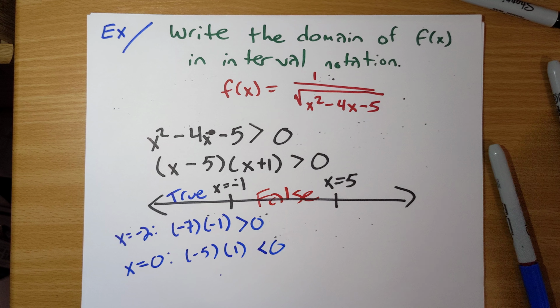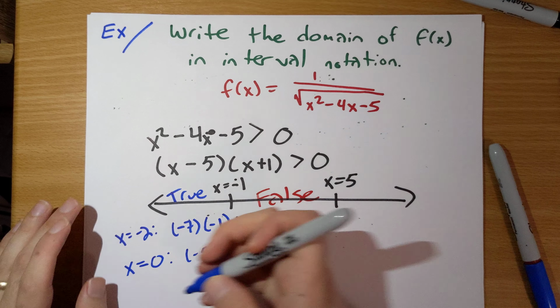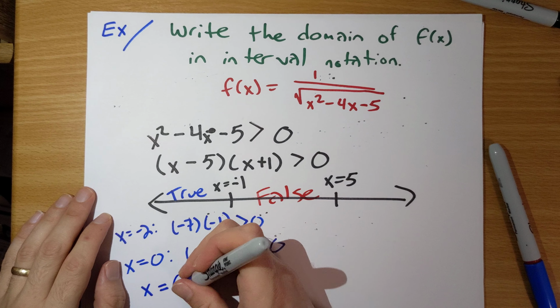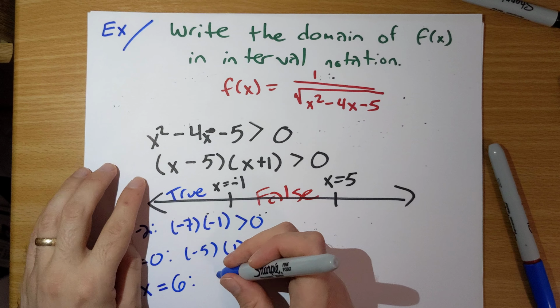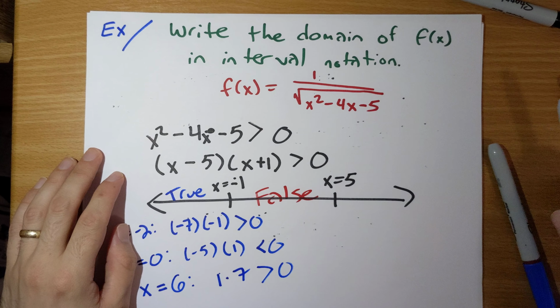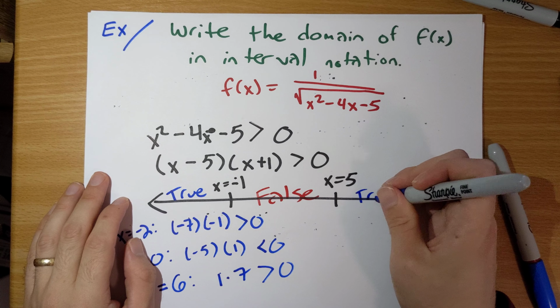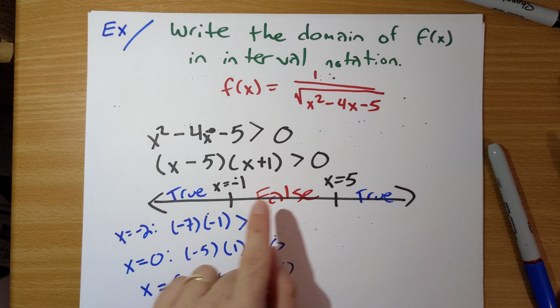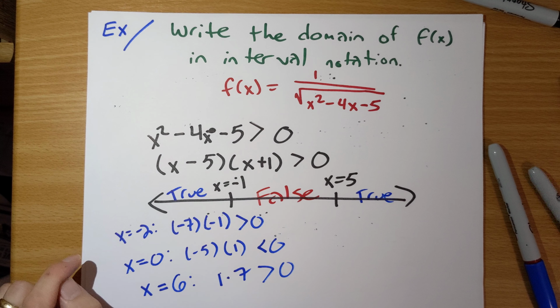And then bigger than 5, we can test x = 6. 6 - 5 is 1. 6 + 1 is 7. That's positive, so this is true again. So it's true for x values less than -1. It's true for x values strictly bigger than 5.